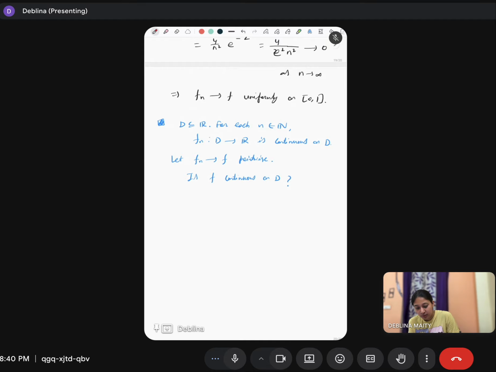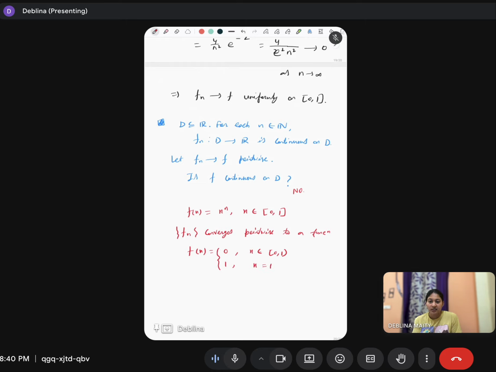The answer is no, because we have already seen this example, f_n(x) equals x to the power n, where x belongs to 0 to 1. Here F_n converges pointwise to a function f(x) which is 0 when x belongs to [0, 1) and 1 when x equals 1.